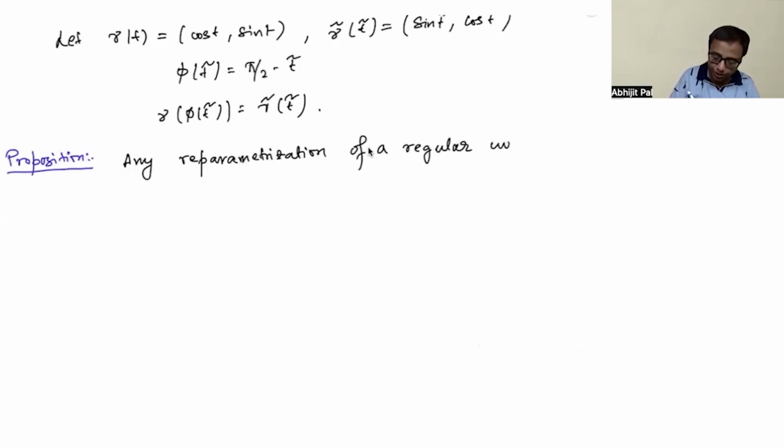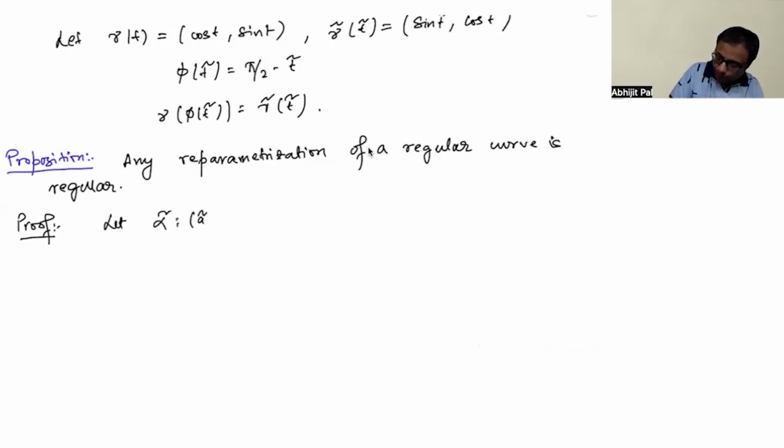So how do you show this? Let alpha tilde be a reparameterization of a regular curve alpha.